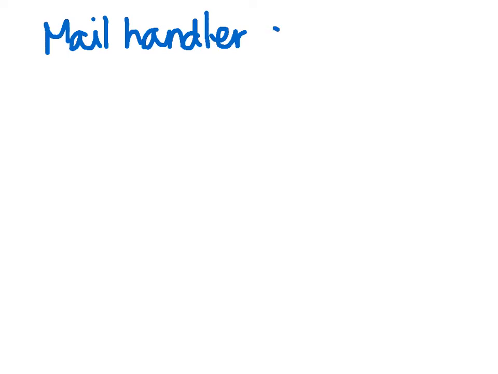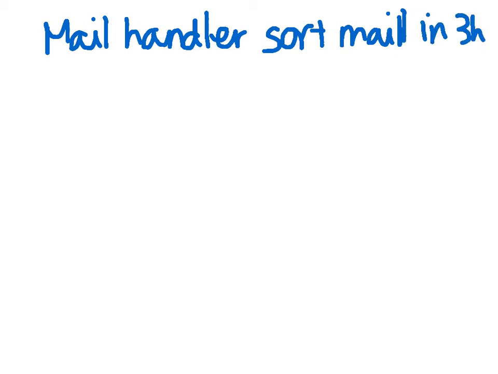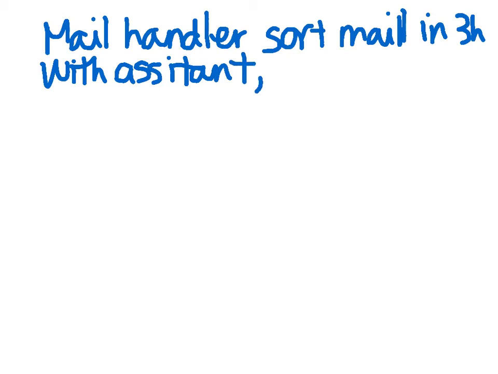Moving on, are just slightly more complicated. We did do something like this today in class. We talked about a mail handler who can sort the mail by himself in 3 hours. With an assistant working together, it takes 2 hours.